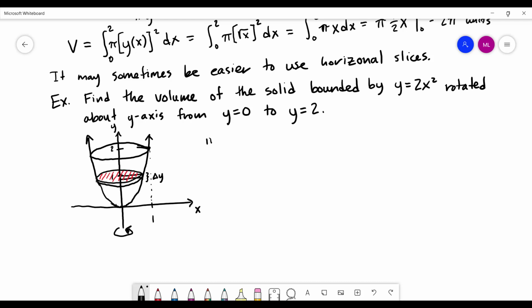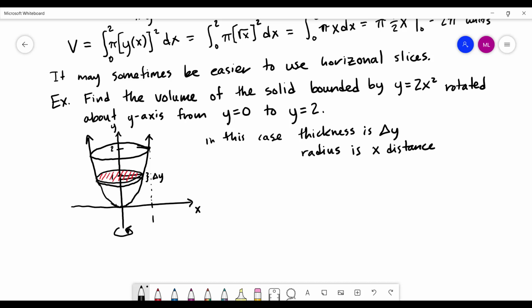So the thickness is our delta y, and the radius is going to be the x distance, the distance from the y-axis, which is the x-coordinate. We're going to need to use that thickness and radius to find the volume of our little disk.